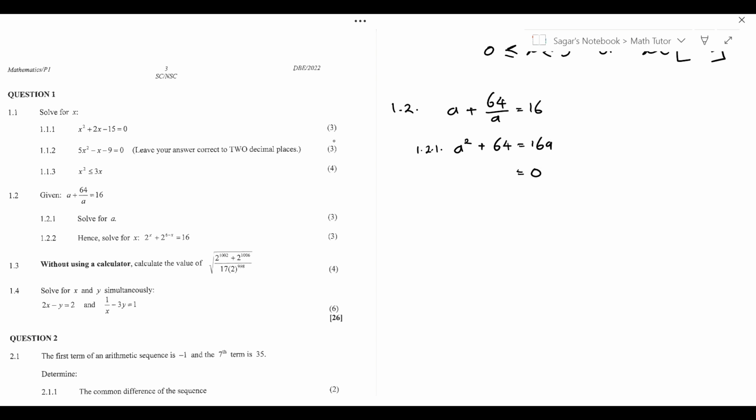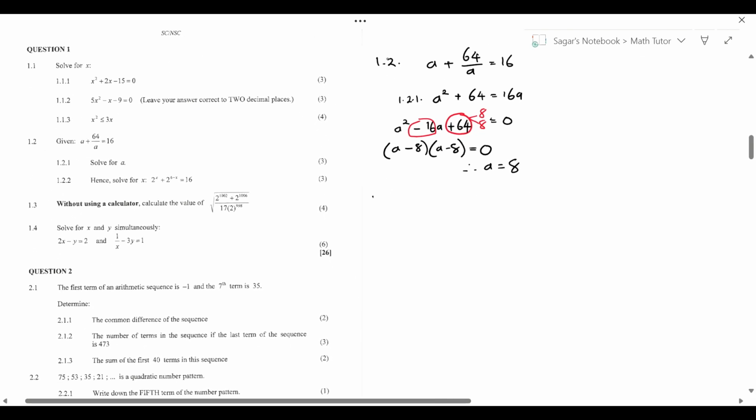I will take the 16A to the other side, plus 64, right? Now I would factorize this. A minus 8 and A minus 8 equals 0, right? Same principle as before. Two values when multiplied equal 64, and when subtracted or added equal 16. So that was 8 and 8. Therefore, A is equal to 8.